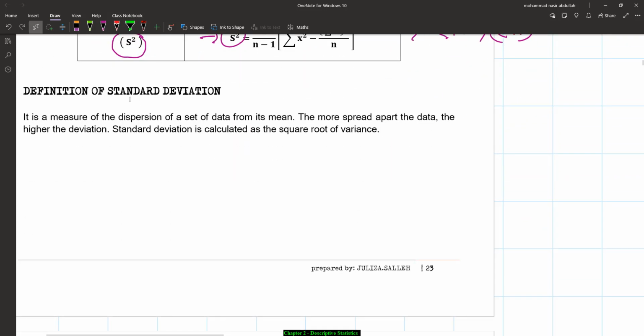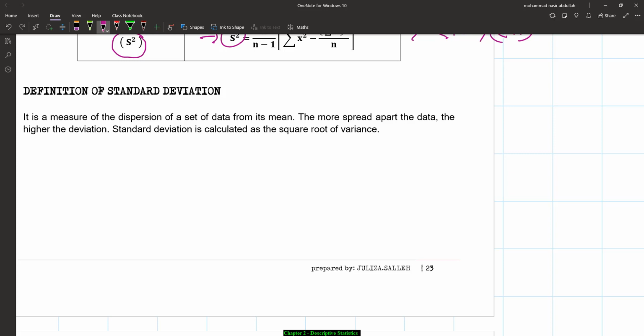So the definition of a standard deviation is measure a dispersion of set of the data from its means. Macam tadi saya cakap, we take the distance, the mean of the distance between observation and mean lah. Right? So kita measure mean of the distance.